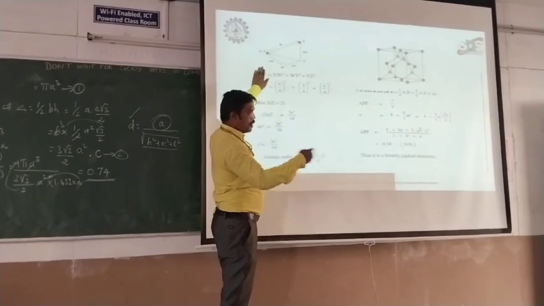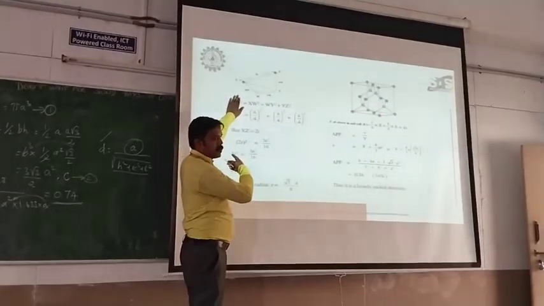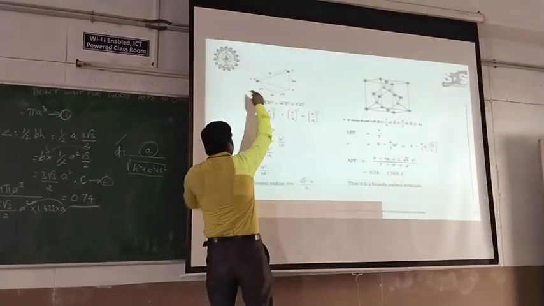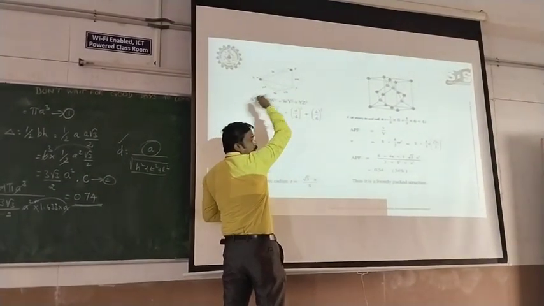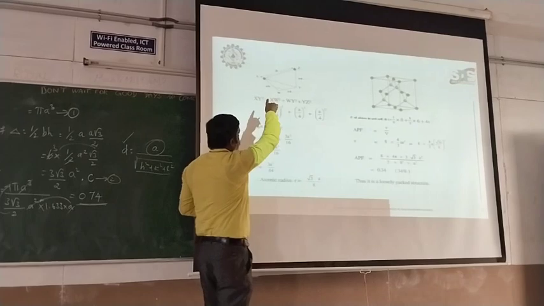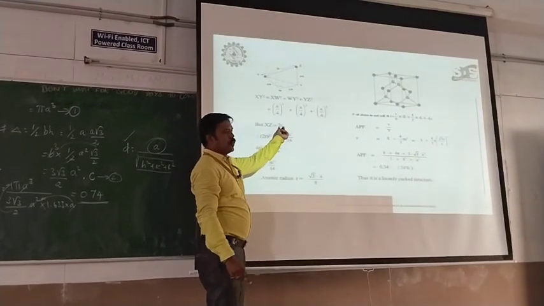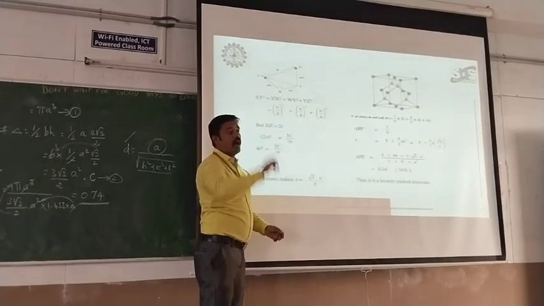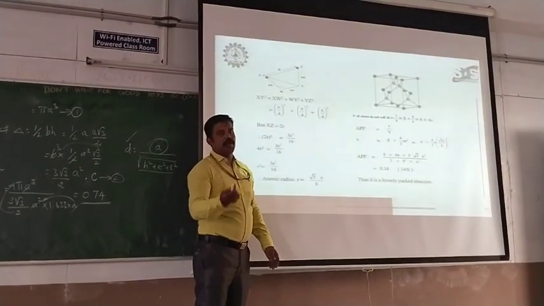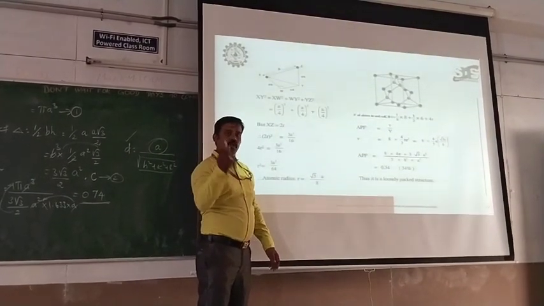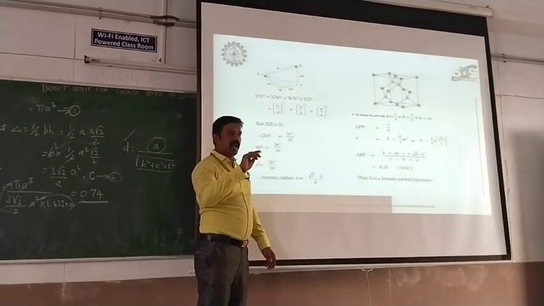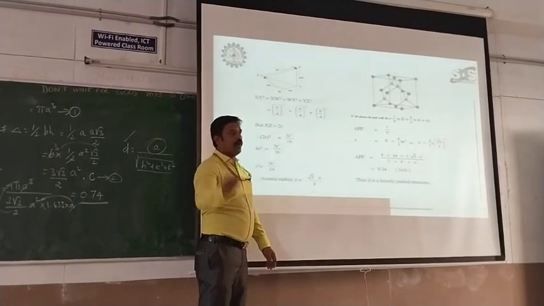The table is correct, but the printed one is a mistake. Are you clear? We take the hypotenuse formation of XZ. XZ equals 2R. 2R means one full atom. R is the atomic radius, 2R means the diameter, and the diameter means a full atom.